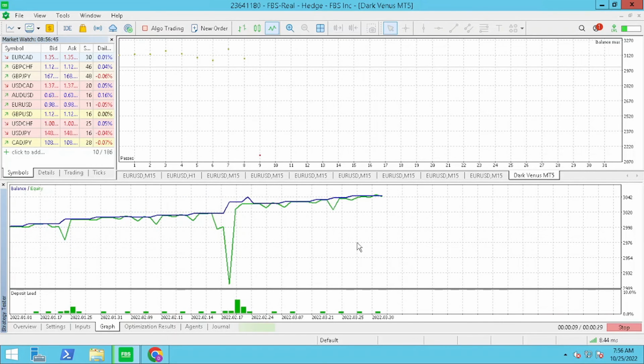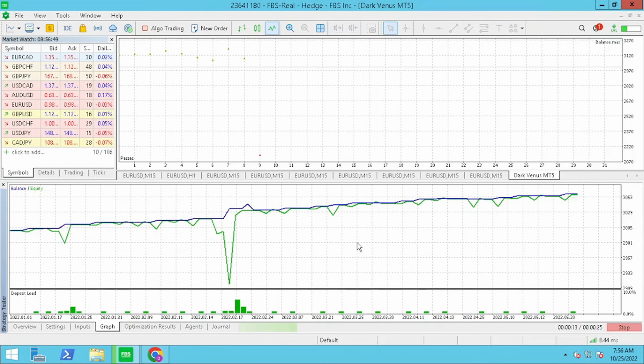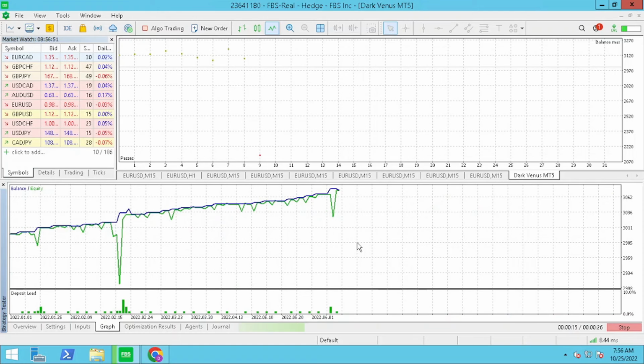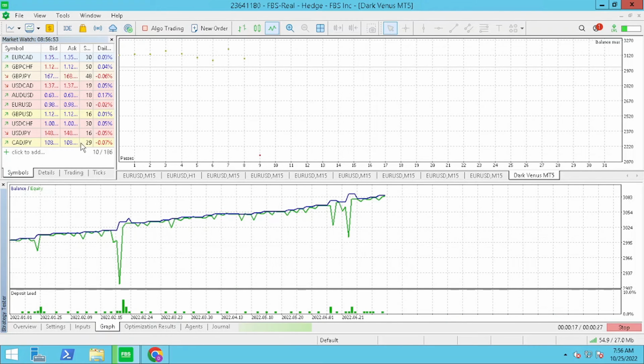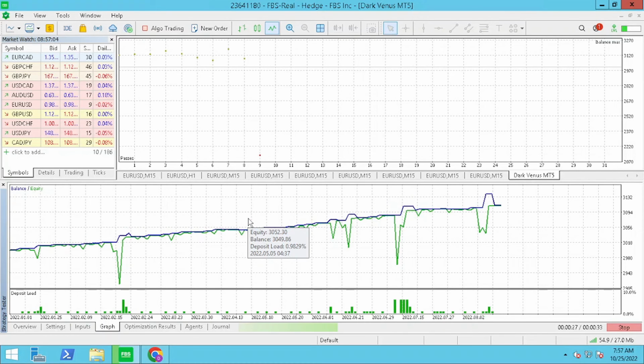Again, because it uses the martingale function or grid or cost averaging, we see periods of drawdown until finally it was able to recover and continue on a nice upward curve. Now compared to the Euro USD, there is a 15 to 20 point difference.